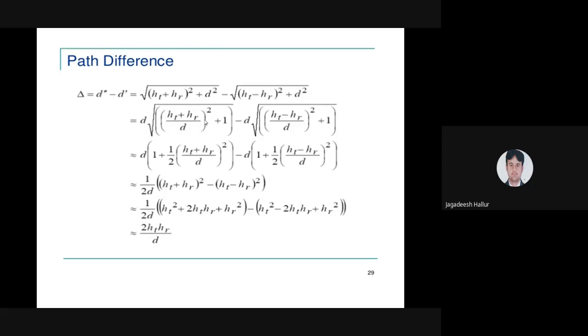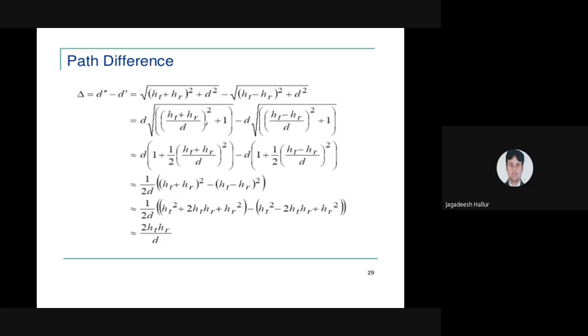So you have to apply those, and it equals 1/(2d) into (ht^2 + 2 ht hr + hr^2 − ht^2 + 2 ht hr − hr^2).